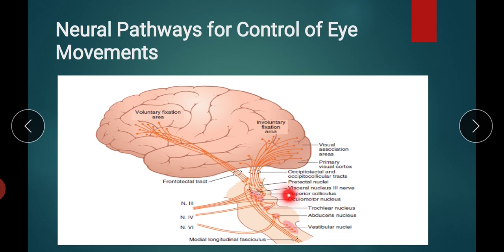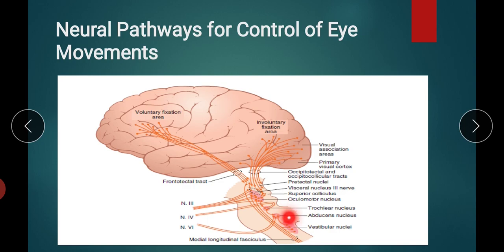So here is the superior colliculus, here is the pretectal nucleus, and the pretectal nuclei make connections with the visceral nucleus of the third cranial nerve, also known as the Edinger-Westphal nucleus, as well as the motor nucleus of the third cranial nerve, known as the oculomotor nucleus, the motor nucleus of the fourth cranial nerve, known as the trochlear nucleus, and the motor nucleus of the sixth cranial nerve, known as the abducens nucleus.